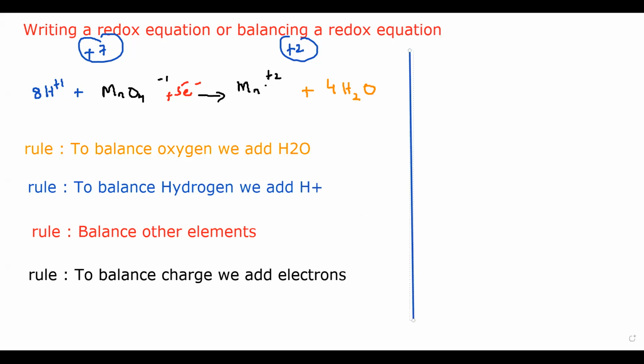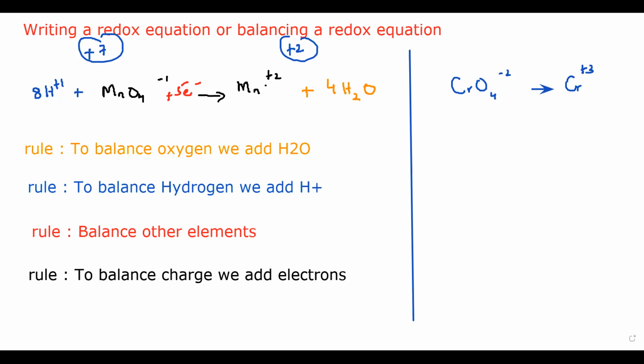There's another example. Say we have CrO4 with a charge of minus 2 turning into Cr plus 3.